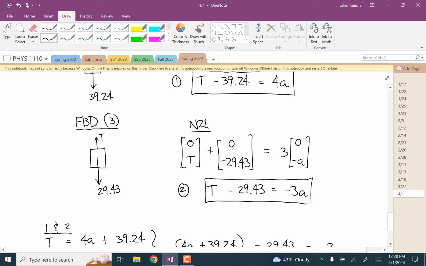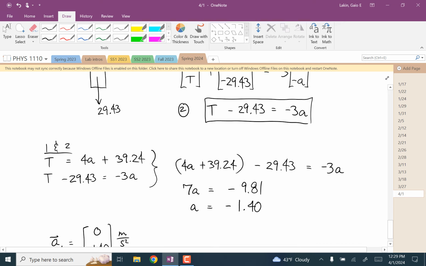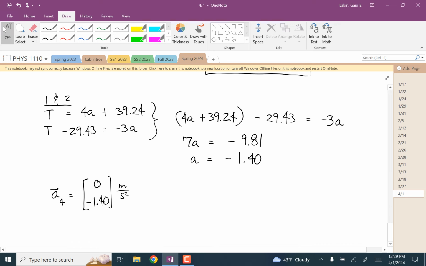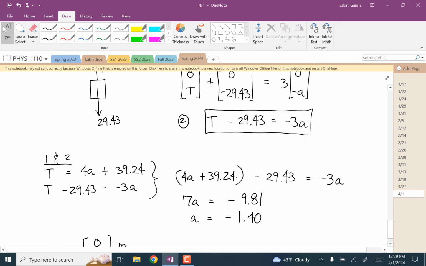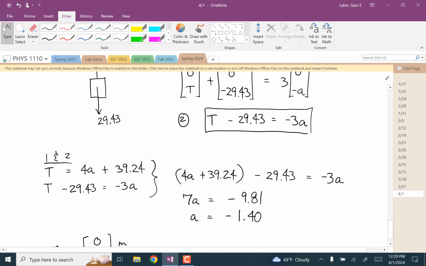Now, what if you're trying to find that value T? What equations can you use to solve for T? Well, you can use any equations that you've written, as long as they're all right. So just look for the easiest one to solve for T. I'd go for this reordered one that already has T by itself, and plug A in as negative 1.4.